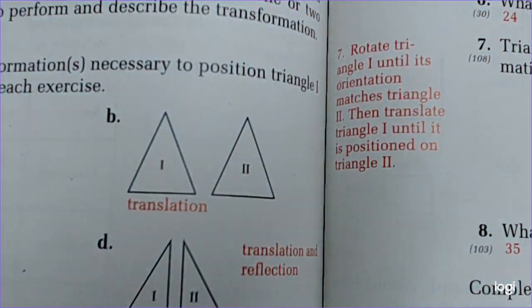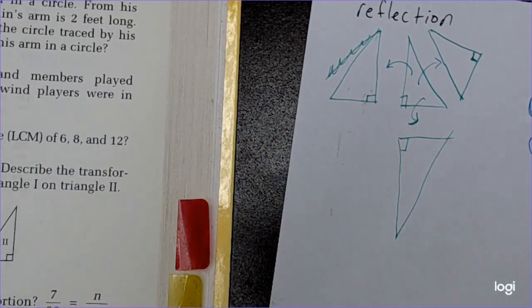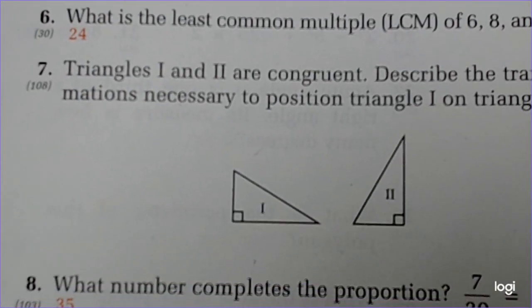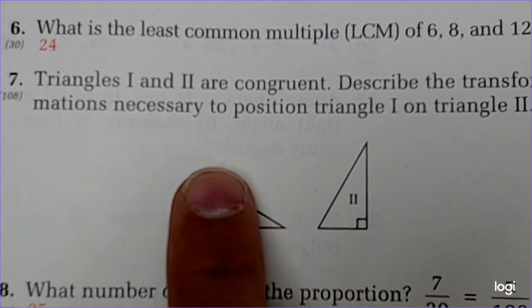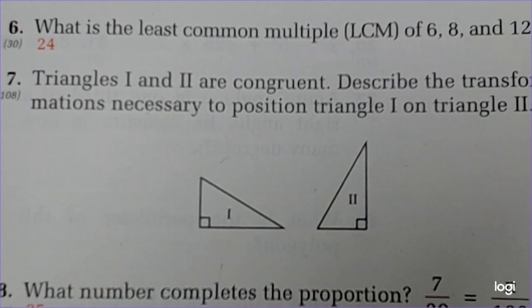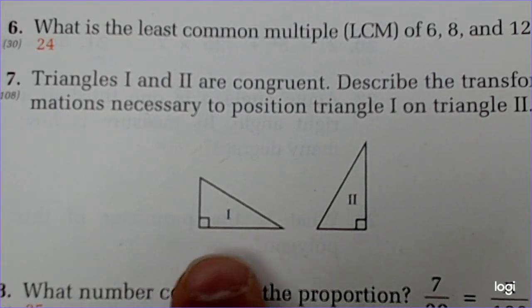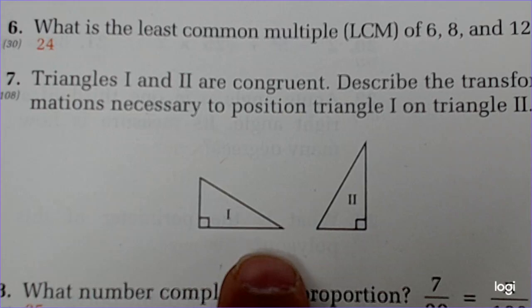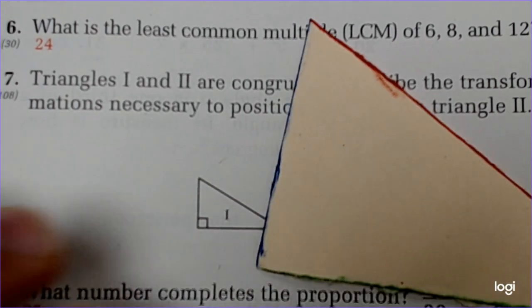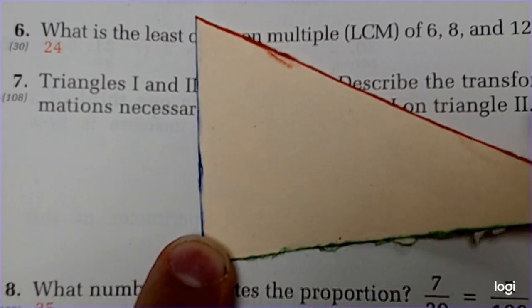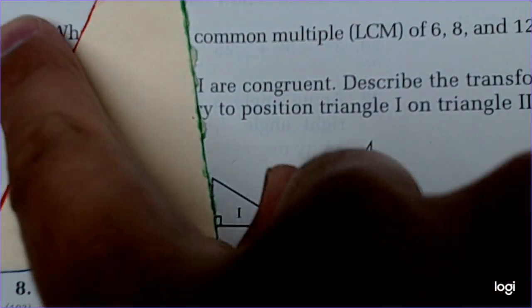I'm not going to give you all the answers to your practice problems. Let's do this problem. Let's say triangles 1 and 2 are congruent. Describe the transformations necessary to position triangle 1 on triangle 2. There's a couple of things. It looks like this triangle might have rotated. If we rotated it around that vertex, it would be right side up.